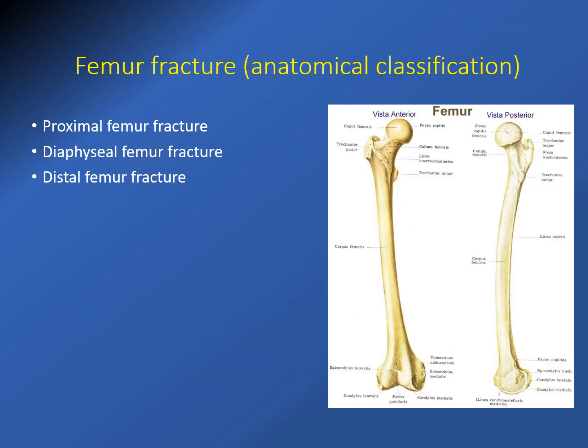So after we have discussed the topic of the femur fracture and its relation to non-accidental trauma, let's speak now about femur fracture anatomical classification. What are the types of the femur fracture regarding its anatomical classification? Proximal femur fracture, this part of the femur is called the proximal femur, which is the head of the femur, the neck, and the trochanteric area. And then the diaphyseal femur fracture, which we usually refer to as the femoral shaft.